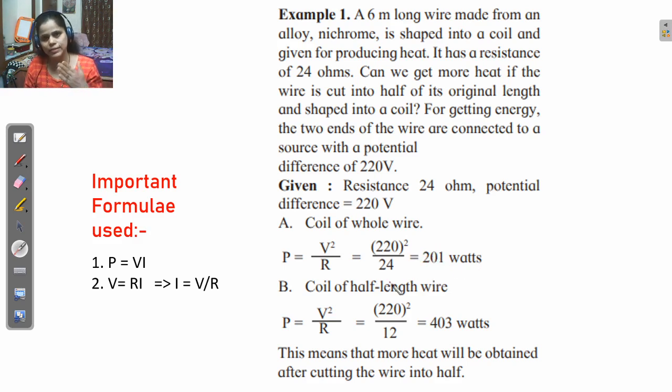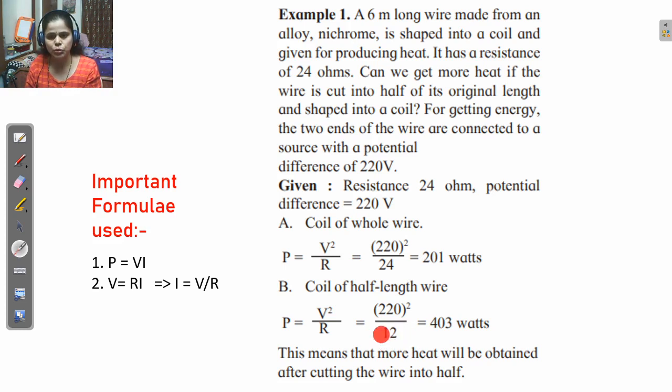Then our second condition, coil of half length wire. If we cut it to half length, then power P equals the same formula, V square upon R, so 220 square upon R. Here the resistance is half. The resistance of the whole wire is 24, so 24 divided by 2 is 12.